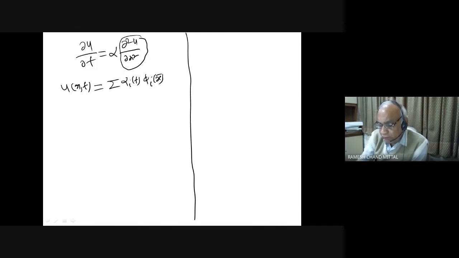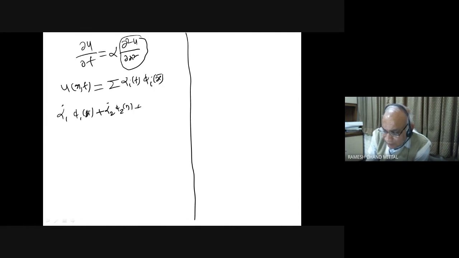So I will find the double derivative of phi(x) if I don't use DQM, and for the left side I will have alpha 1 prime phi 1(x) plus alpha 2 prime phi 2(x), and so on, alpha n prime phi n(x), and accordingly there will be a right hand side in terms of double prime.